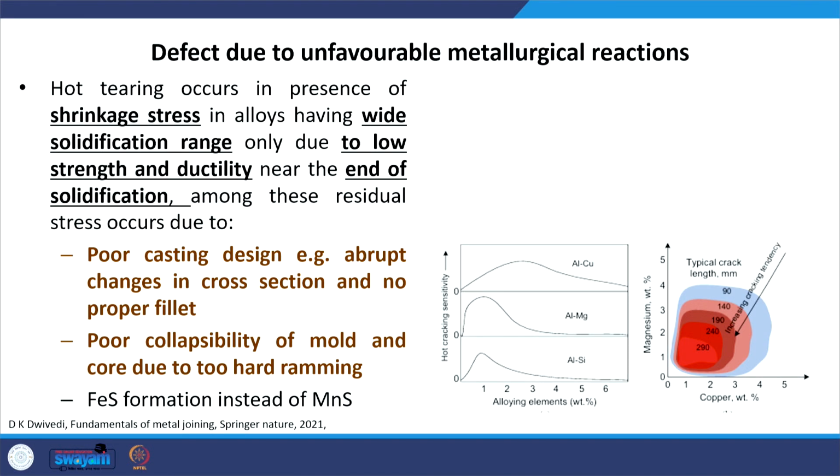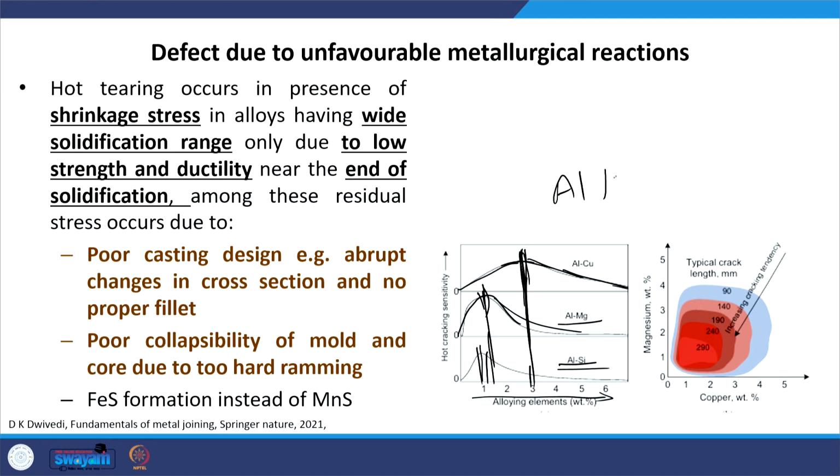Aluminum alloys are very sensitive to cracking. Say if we consider this one, in the x axis we have the alloying concentration, and in the y axis we have the hot cracking tendency. For this percentage of the aluminum copper combination, the cracking tendency is maximum, then it comes down. For the aluminum magnesium system, the cracking tendency is maximum for around 1 percent magnesium. Similarly, for the aluminum silicon system, around 1 percent silicon will show the maximum hot cracking tendency.